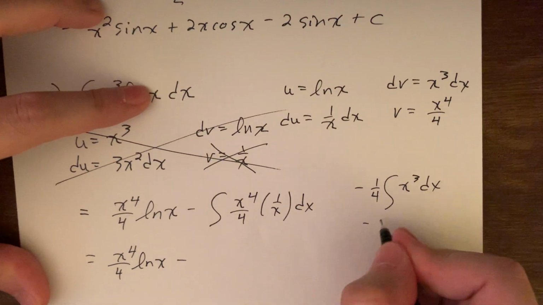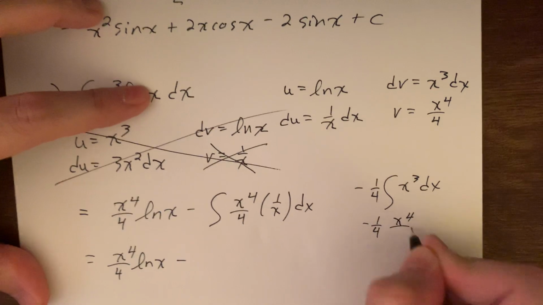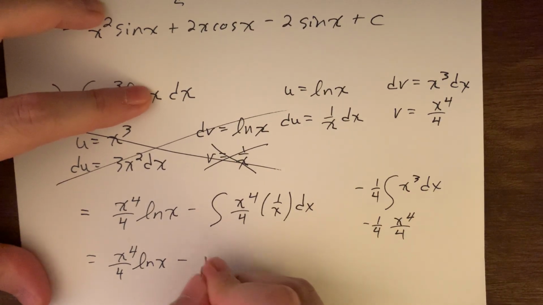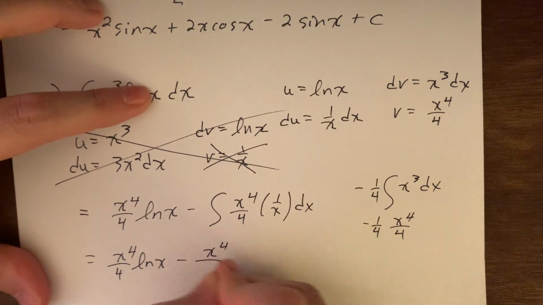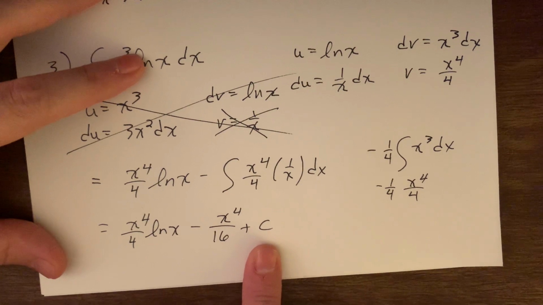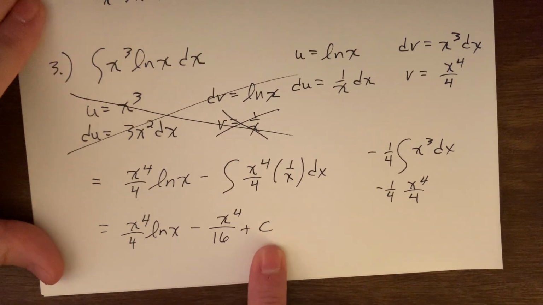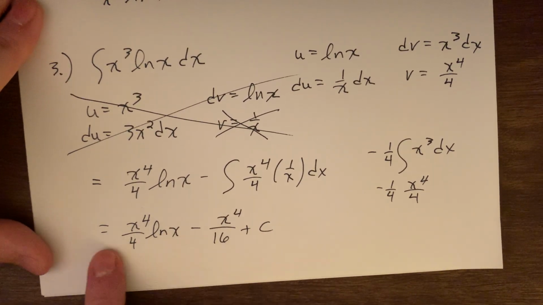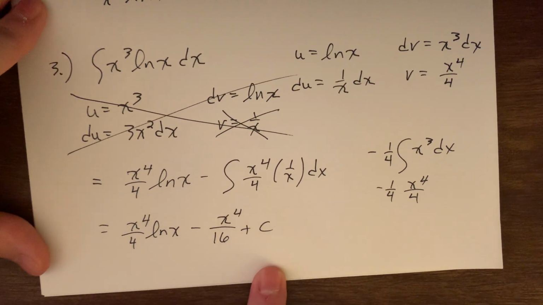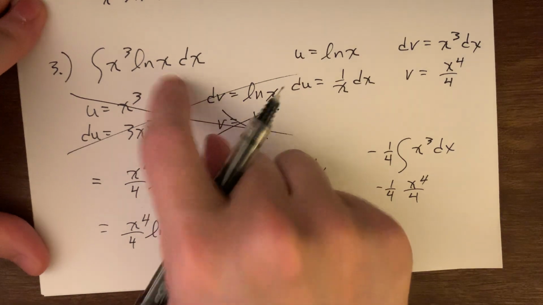Here, this will be a minus 1/4, and the anti would be another x to the 4 over 4. So I'll write that as a minus x to the 4 over 16 plus c. And again, a derivative. Use your derivative, use product rule correctly here, no product rule here, and you'll see some good, nice stuff canceling, and that's all that would be left.